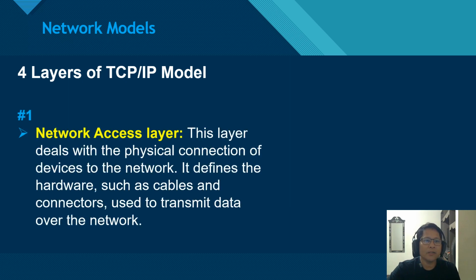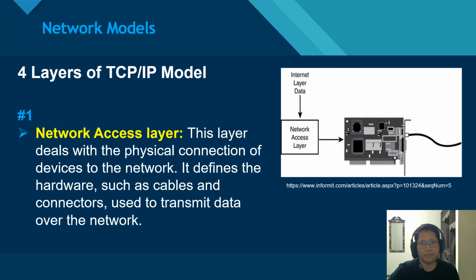The first layer of the TCP/IP model is the network access layer. This layer deals with the physical connection of devices to the network. It defines the hardware, such as cables and connectors, used to transmit data over the network. It also includes protocols for the data link layer communication, such as Ethernet.